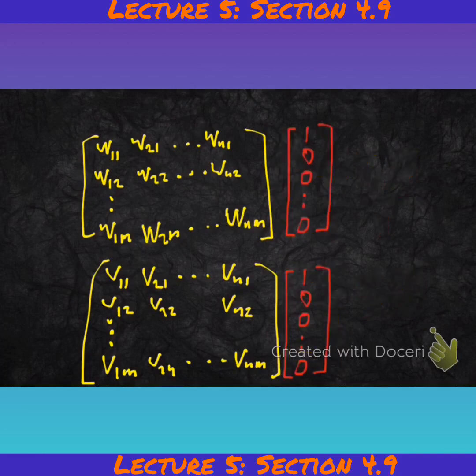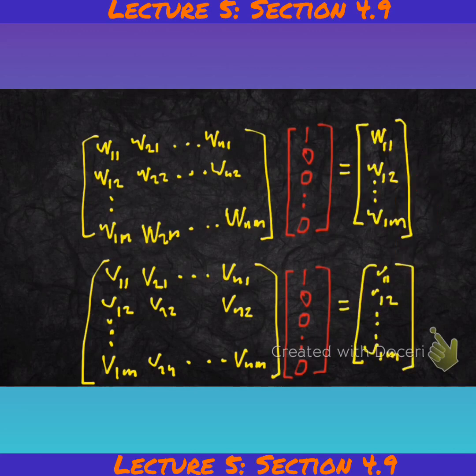Let's see what happens if I make the vector the unit column vector with the first row equal to 1 and all the other rows equal to 0. Multiplying those out, we get a column vector, and you can see we get the first column of this matrix, and we get the first column of this matrix.